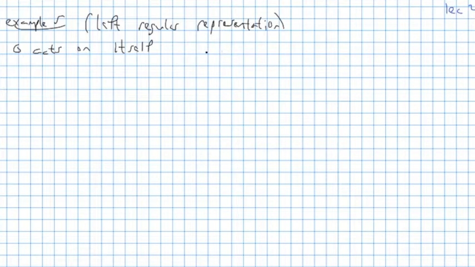This is called the left regular representation. A group acts on itself, right? Remember that from group theory, G acts on itself by right or left multiplication. Let's choose left multiplication.